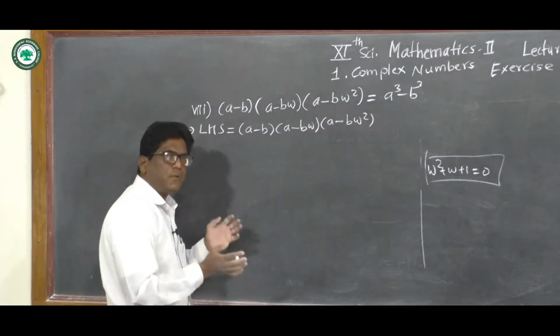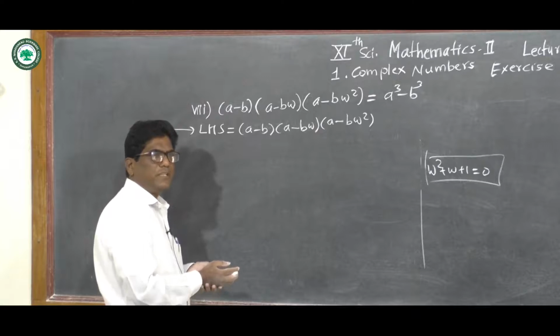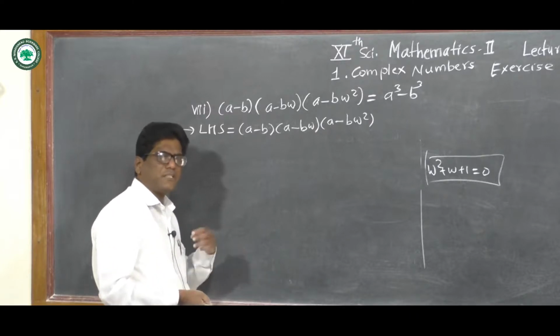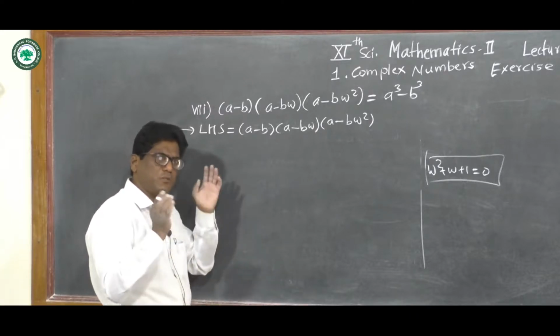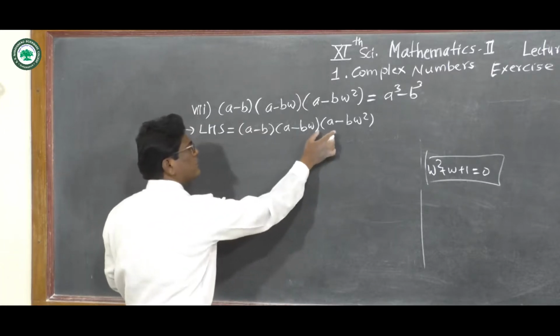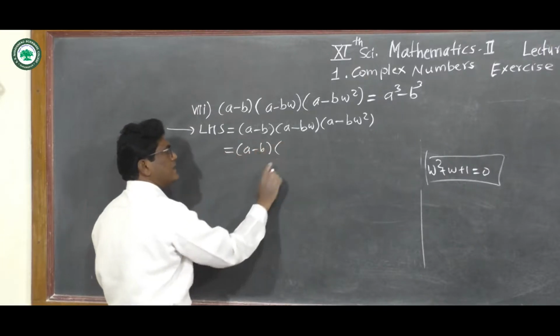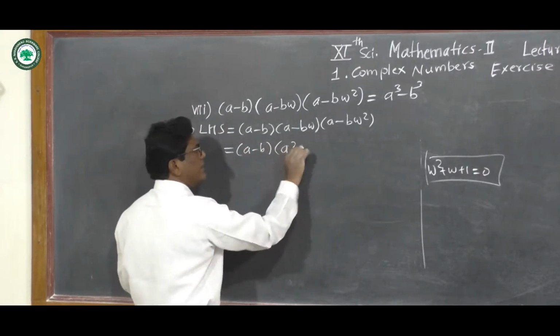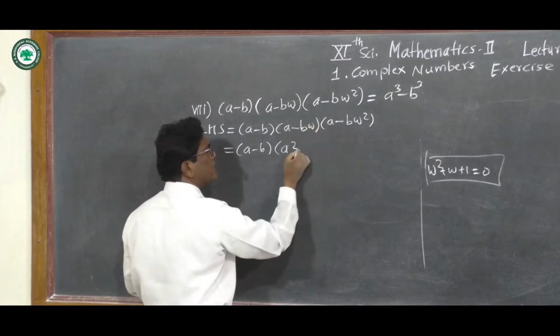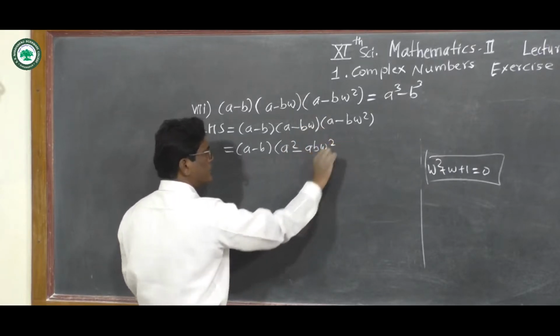Now here it is the product of three brackets. So when we take the product of three brackets, firstly take the product of two brackets. So we take the product of these two brackets. First bracket as it is, a minus b; in the second bracket, a into a square, a into minus b omega, minus a b omega square.